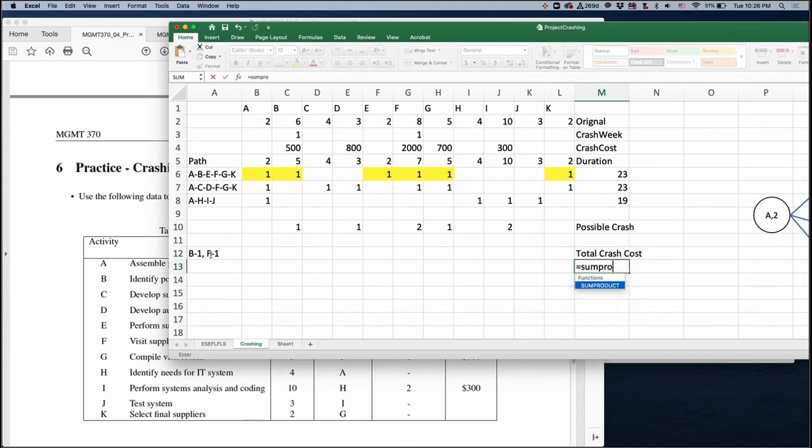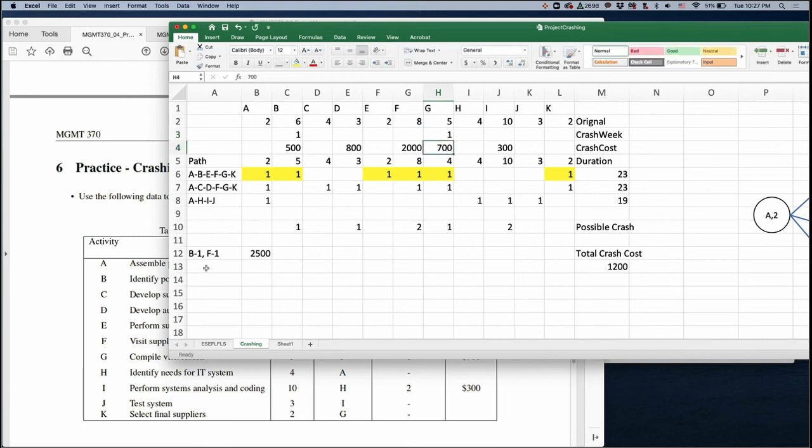Also, you can crash B and G as well. So try to change G here. Then what happened? You crash B by 1 first, then you crash G by 1. Then this total cost is 1,200. And what else? You can crash I, but it would not help, right?